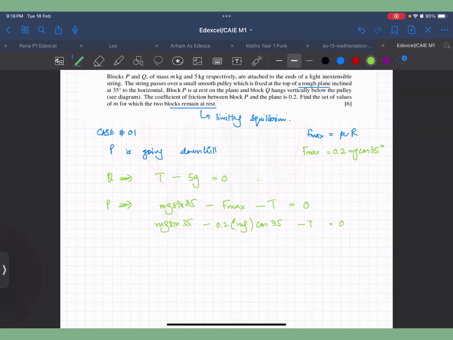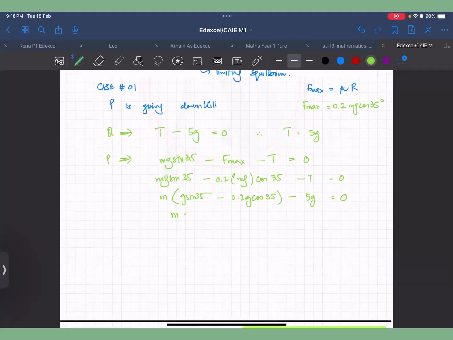So if this tension comes out to be 5g, you can replace the tension with 5g. Take mass common, so m(g sine 35 minus 0.2 g cos 35) minus 5g equals 0.